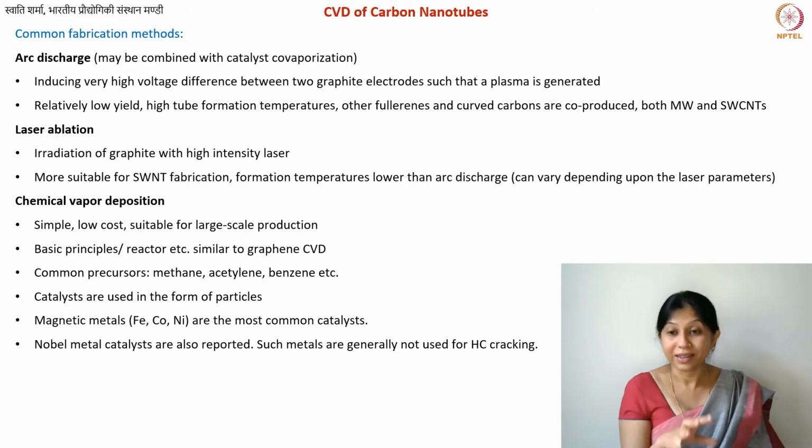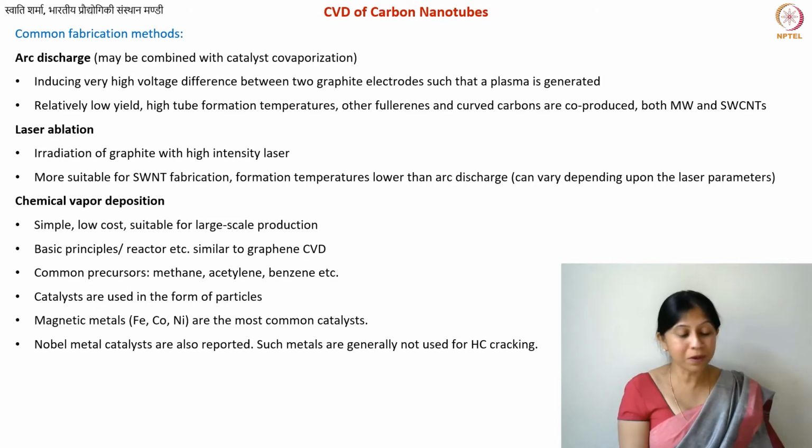Although there have also been noble metals, other metals that have been tried out, even gold as a catalyst for making carbon nanotubes. Now, noble metals are generally not very good catalysts, especially when it comes to carbon production. So if you want to make bulk carbon, you will most likely not use a noble metal.